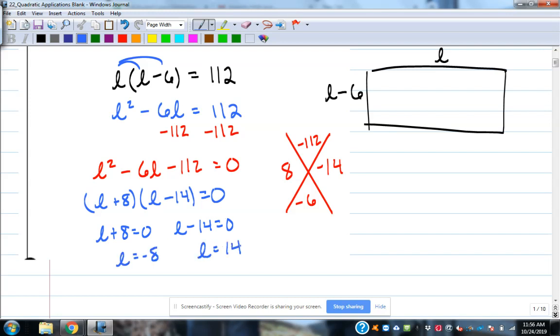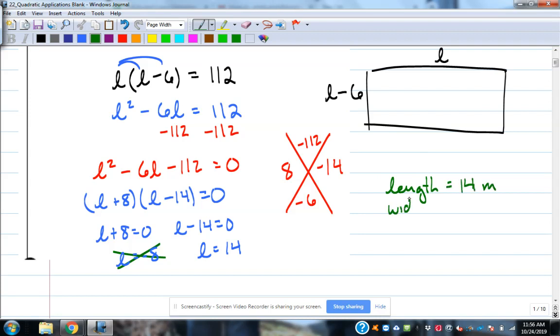Which one of those makes sense? Why not the negative 8? Because you can't measure the side of something and have it come up to be a negative number, right? So we just throw the negative one away, and the length we know is 14. Length: 14 meters.